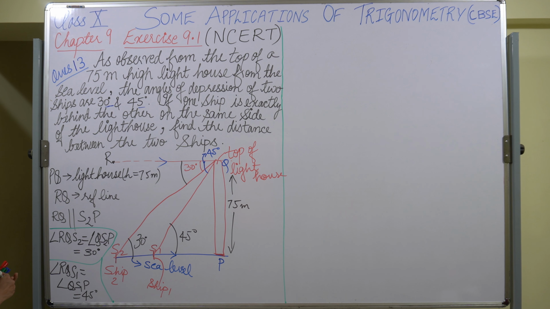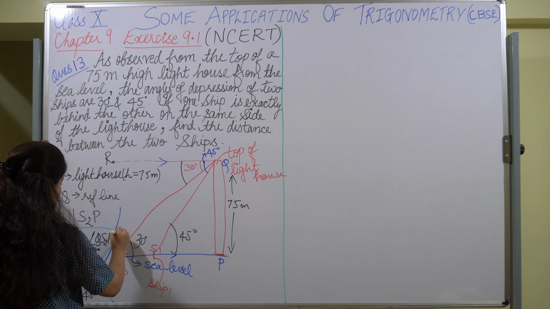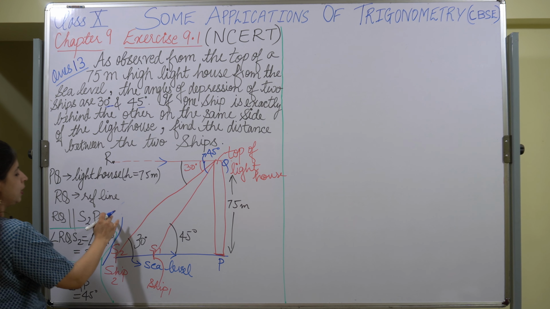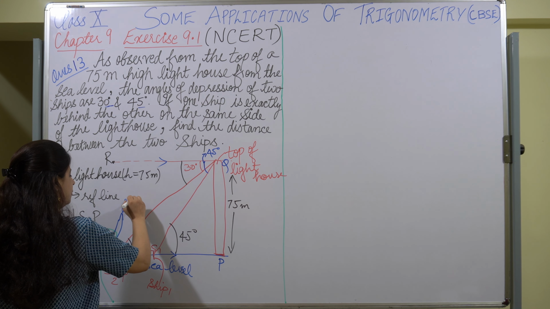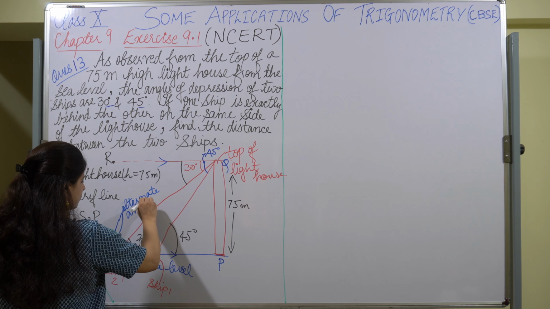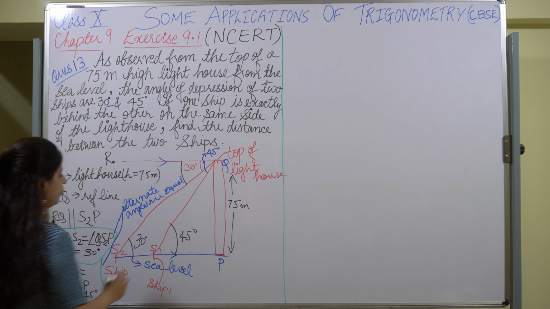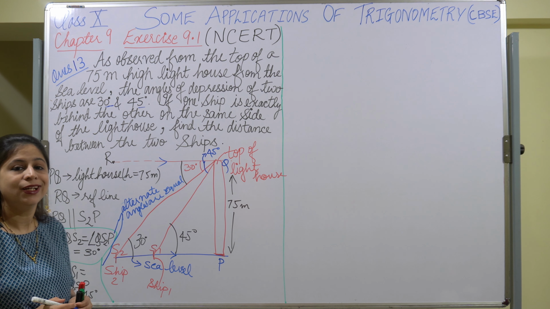Why will they be equal? Because both of them are forming alternate angles, and alternate angles are always equal.